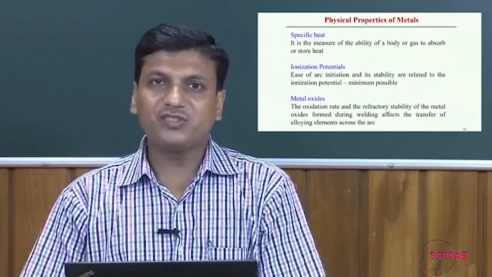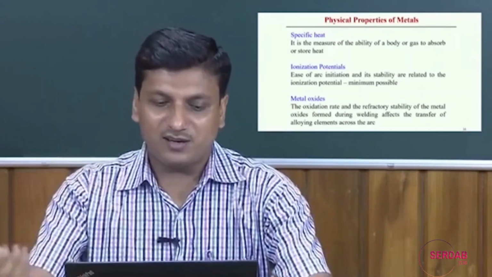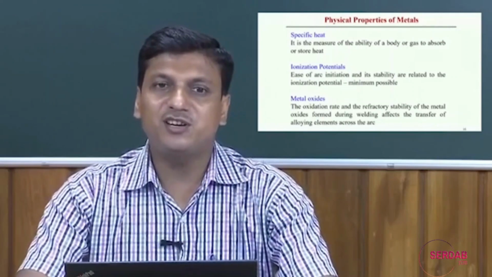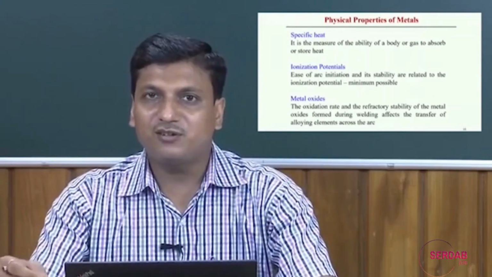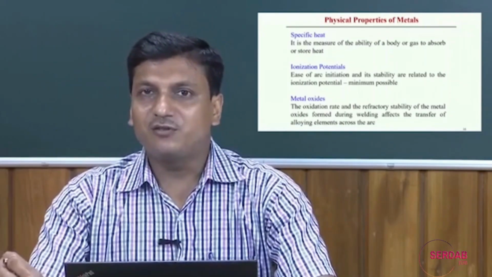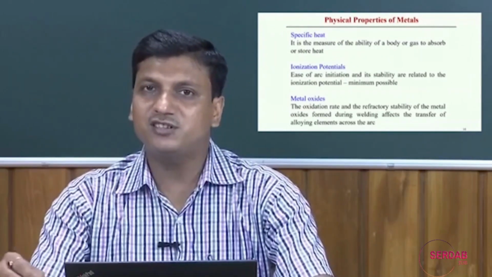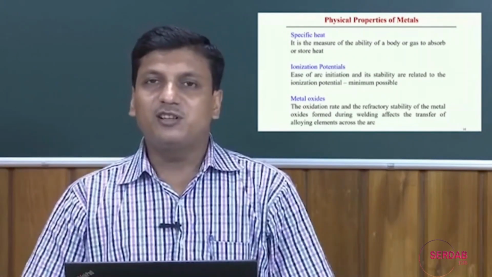So, it is very important to know the oxidation rate of a specific material, or the nature of the metal oxides, and when you try to select any welding process for a specific material, it is necessary to analyze the formation of the metallic oxide.